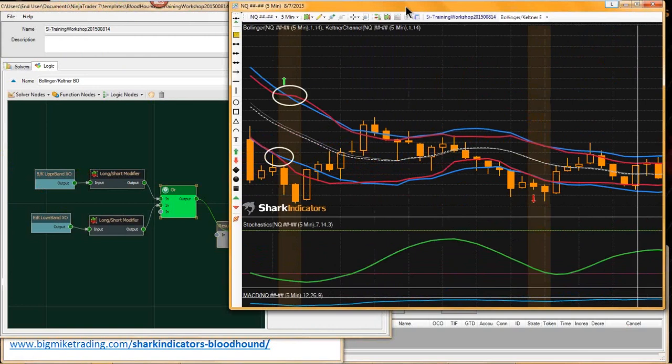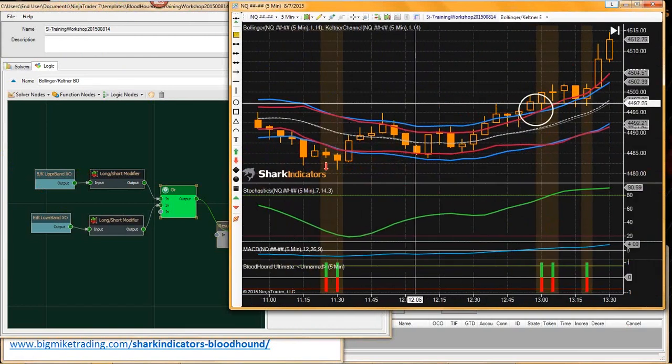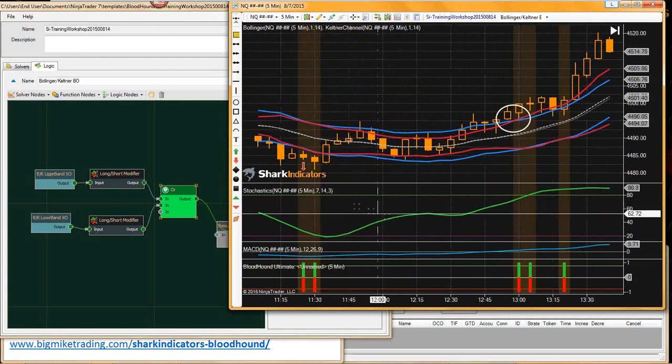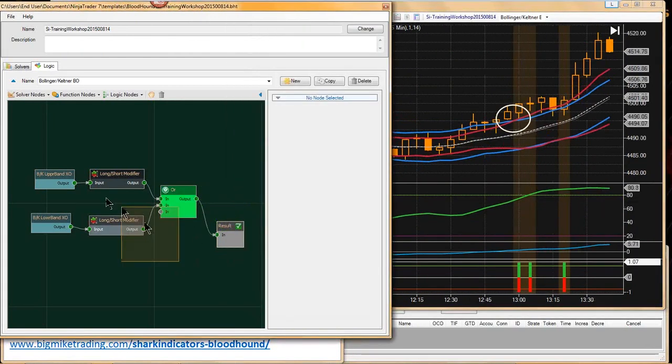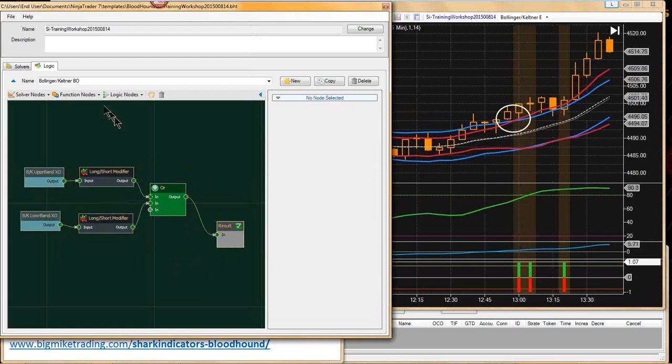So I'll show you how to do that. So the way we can get rid of the second signal here, I'll just keep this one on here, is I can use the signal blocker to do that.